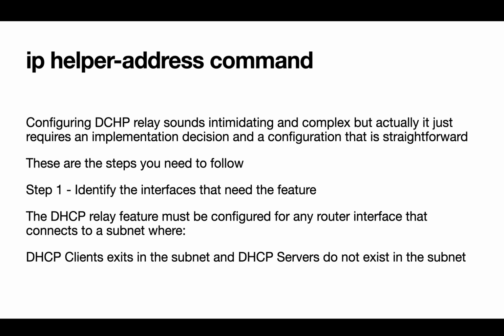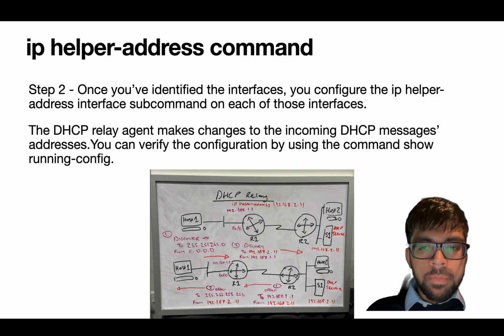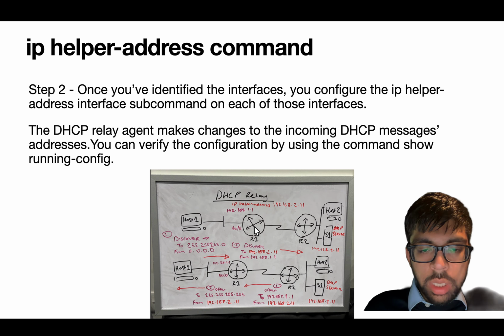DHCP clients exist in the subnet, and DHCP servers do not exist in the subnet. That is when you need the DHCP relay feature. So that's the whiteboard again. Like here, on router 1, we'd configure the IP helper address command, so then it knows to relay any DHCP discover messages to the DHCP server.